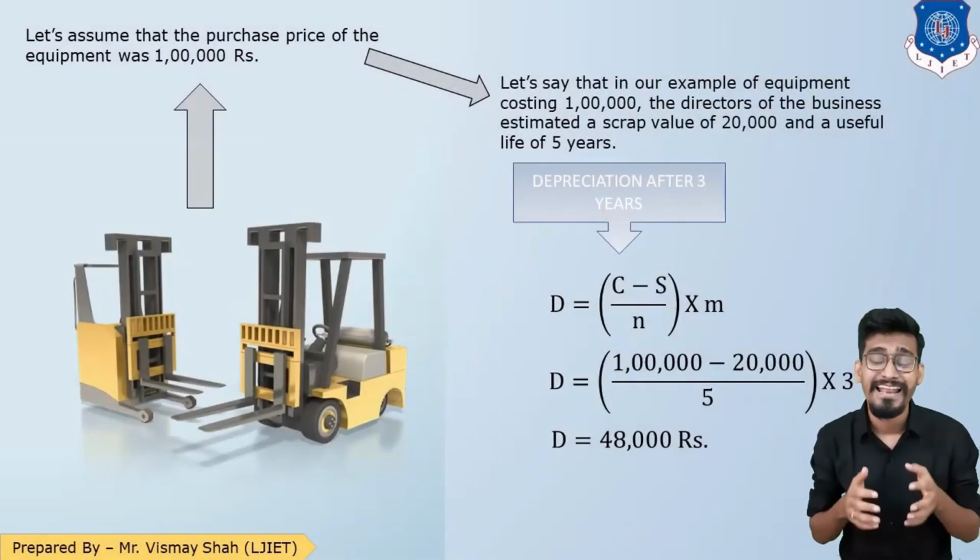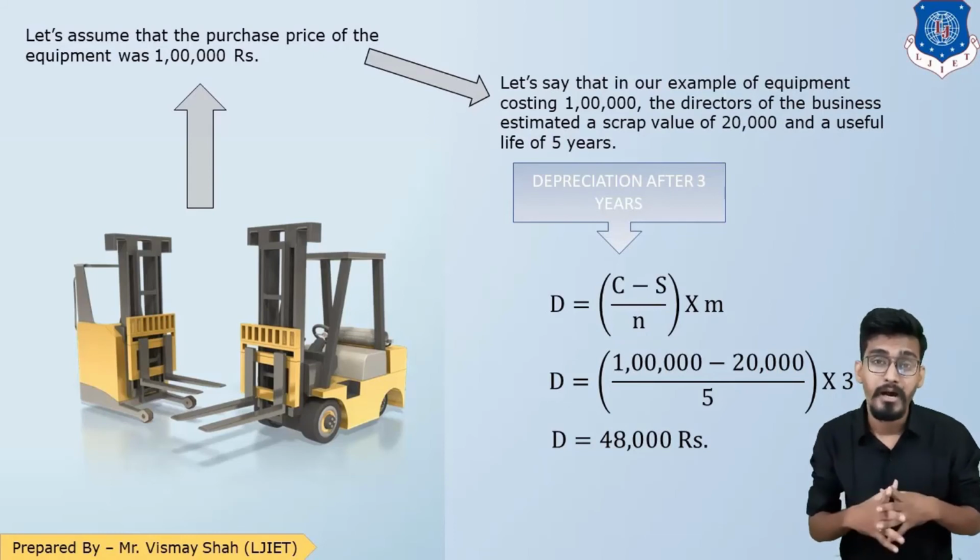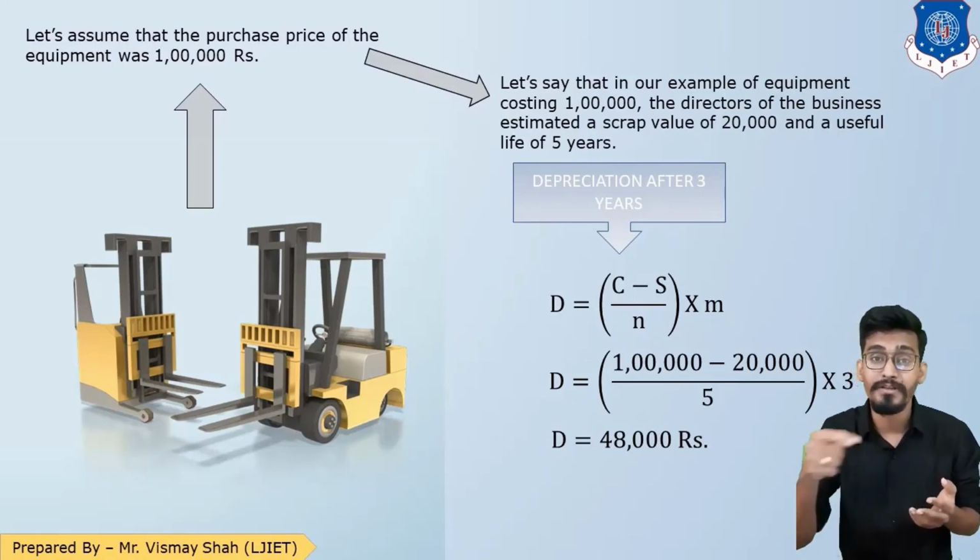Moving forward, let us assume that I have to calculate the depreciation after the third year for this same example. The original life of the equipment was 5 years, and I want to calculate for 3 years. You can do it one by one, but on a larger scale, if the property life is 75 years and I want to calculate at 30 years, you can't go step by step.